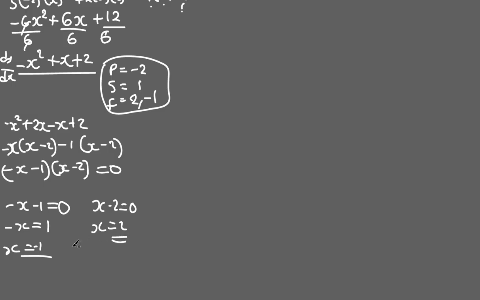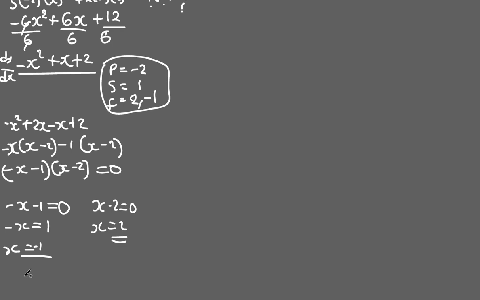Now these are the x coordinates that we have found. We also need to find the stationary points, meaning we need to find the y coordinates so that we have the complete value that we are looking for.